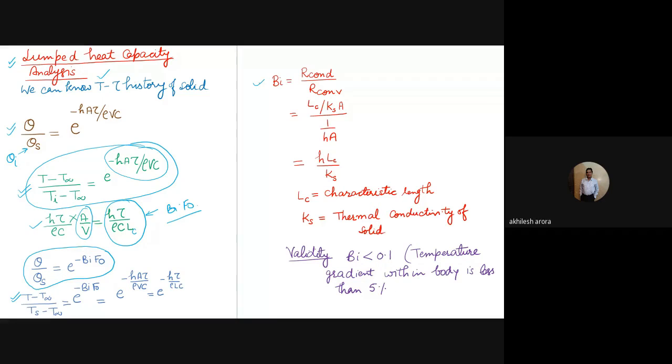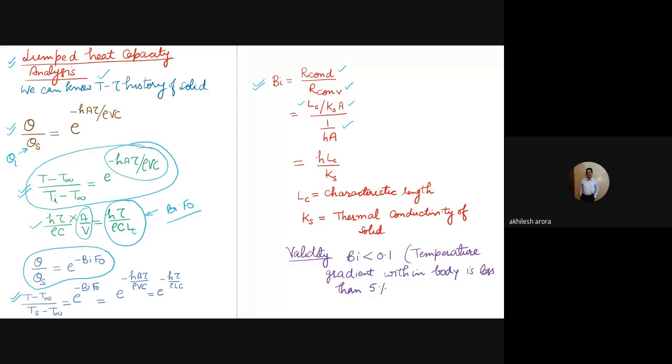The Biot number, as you know, is given by the conduction resistance divided by the convection resistance. So I can write the conduction resistance as Lc, the characteristic length of the solid, divided by K for the solid into area, and the convection resistance is 1 upon hA.